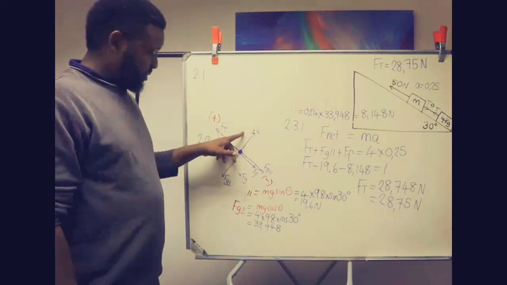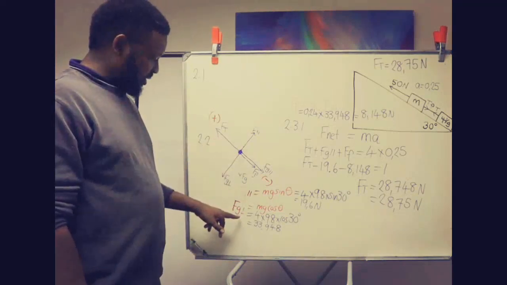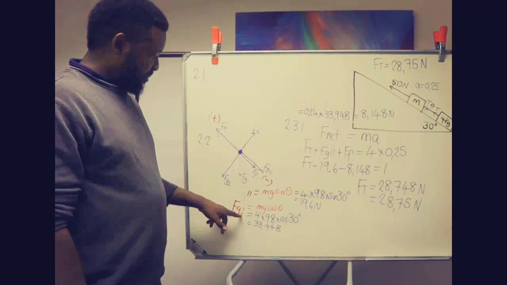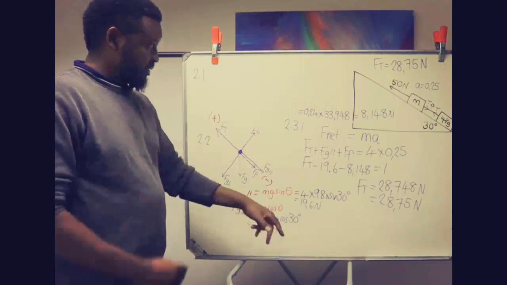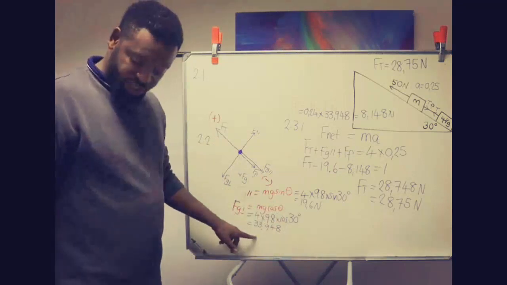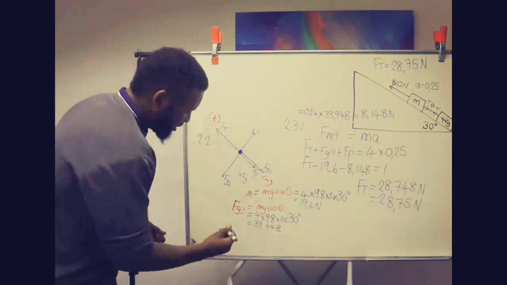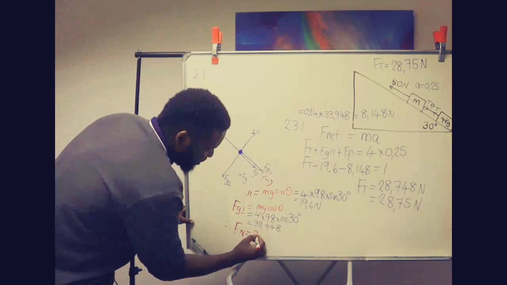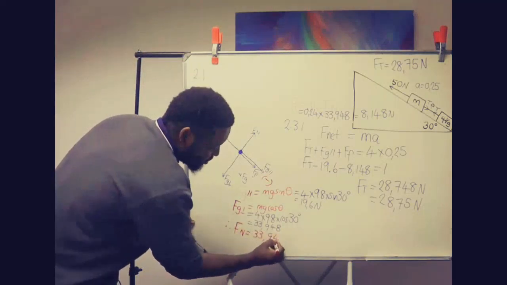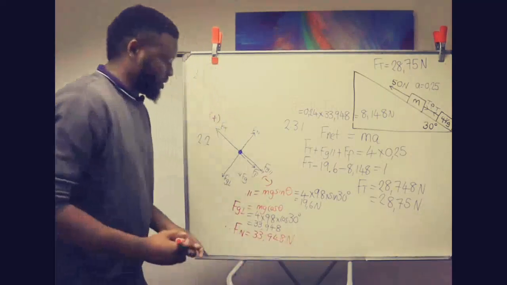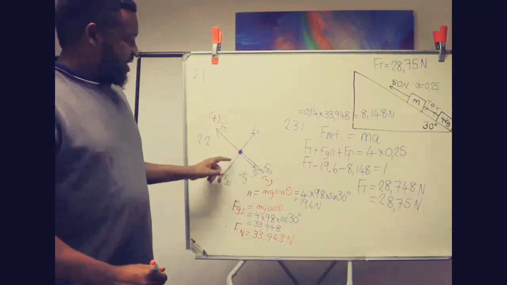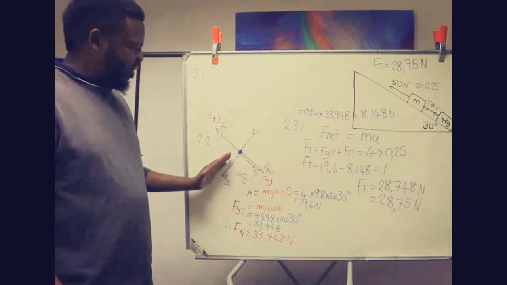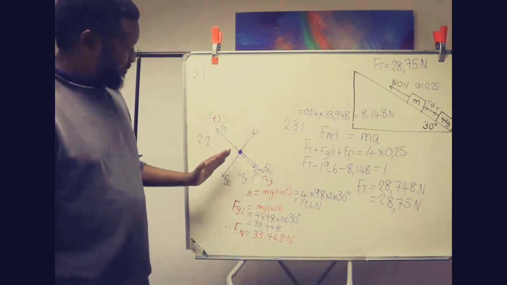But they're acting in opposite directions. That's why I wrote this statement here. Fg perpendicular is equal to mg cos theta. Once I knew what Fg perpendicular is, I can also say that that is the magnitude of the normal force, because they are going to be the same. That's how we have a zero resultant along this axis.